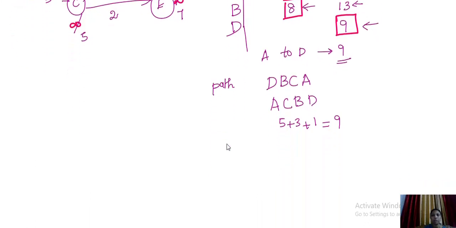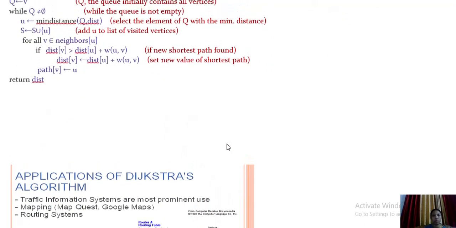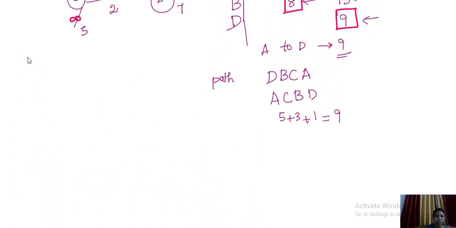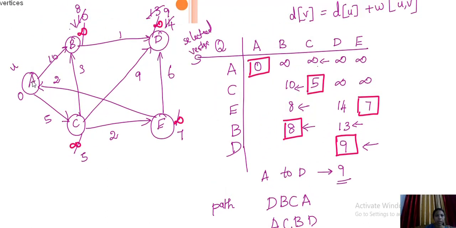Now let us discuss the algorithm of it. So this is the algorithm to find the shortest path from a particular source to all other vertices. So here, what is the first thing we did? The first thing we did is from A to A. We have taken A as our source vertex, and the distance to A is 0.